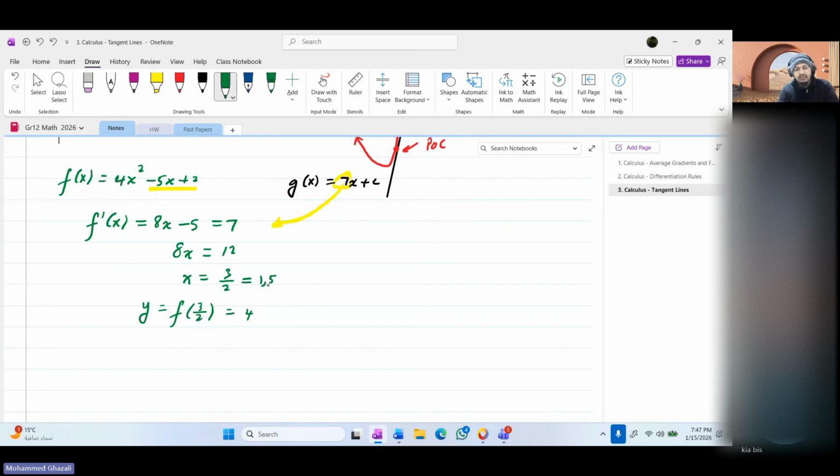I'm getting 3.5, right? So now I have a point of contact which is 1.5 and 3.5, or you can say 3 over 2 and 7 over 2. Remember, 3.5 is 7 over 2.